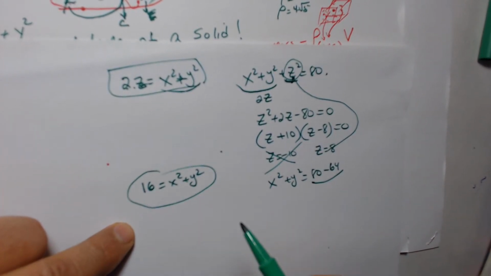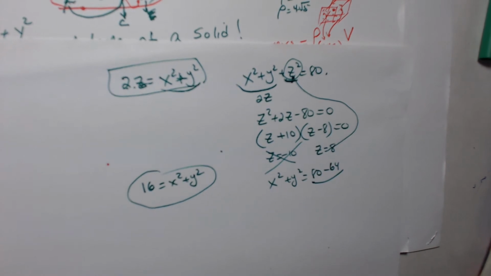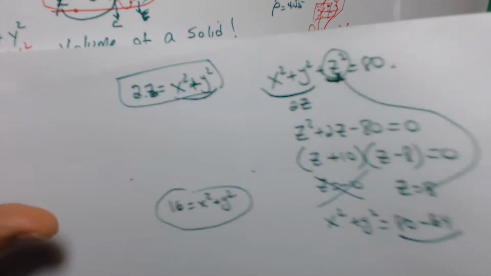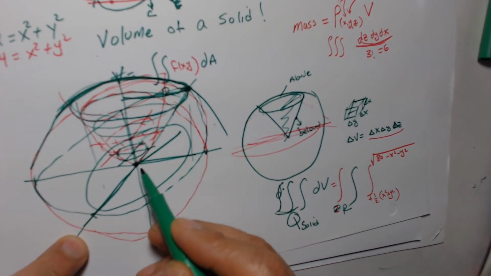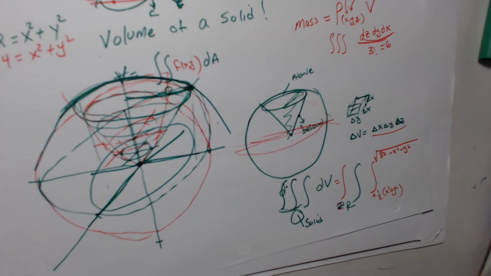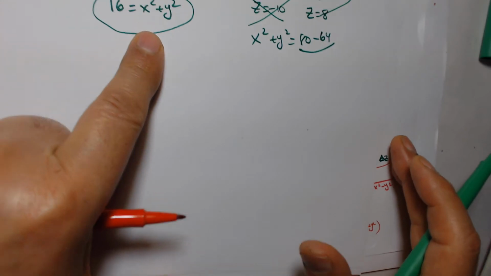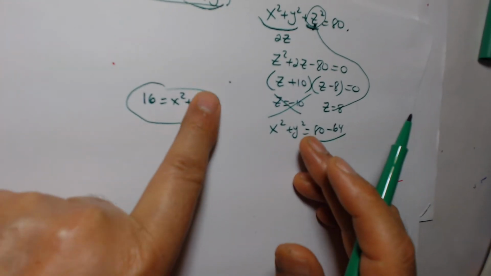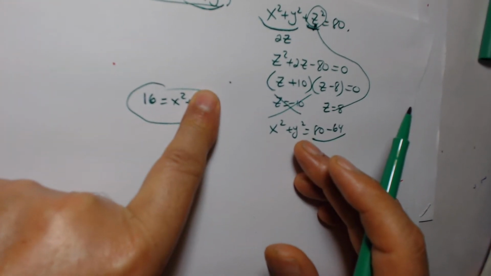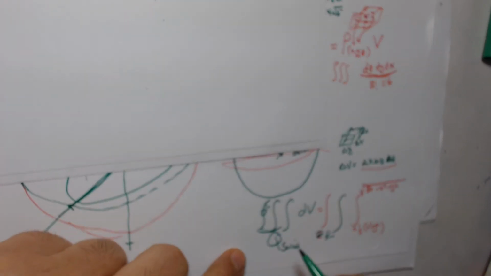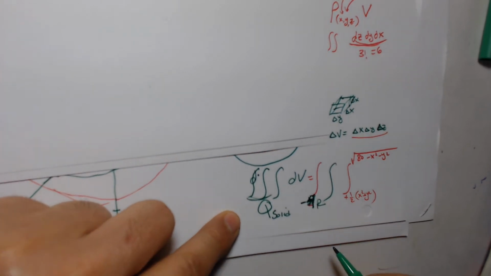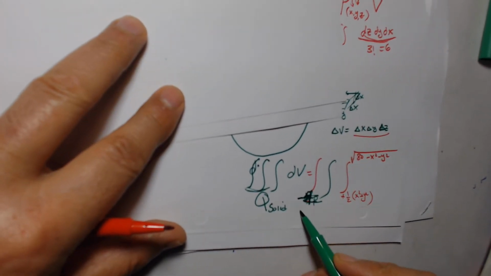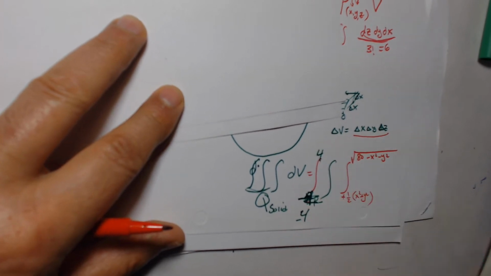Therefore, my region is nothing except a circle with a radius of 4. 4 here, 4 here, 4 here, 4 here. That's my region. I got my region. In here, I can make my x fixed by making my y 0. Therefore, your x goes from negative 4 to 4.